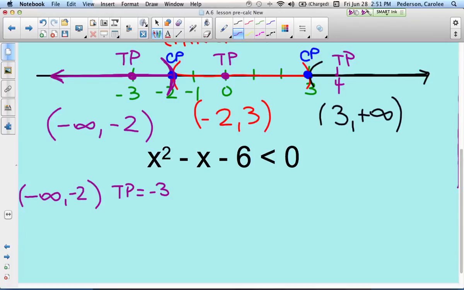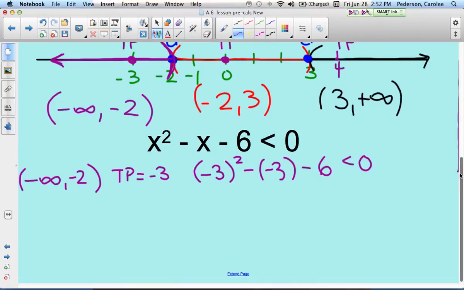And I'm going to substitute it into this black inequality. So I say negative 3 squared, and I'm replacing it with x, negative 3, and then minus 6. And I want to see if this is true or false. So I'm going to use my order of operations and simplify it. So negative 3 times negative 3 is positive 9. And then minus negative 3 is a positive 3. And then minus 6.